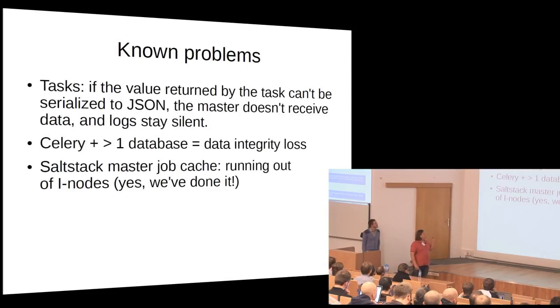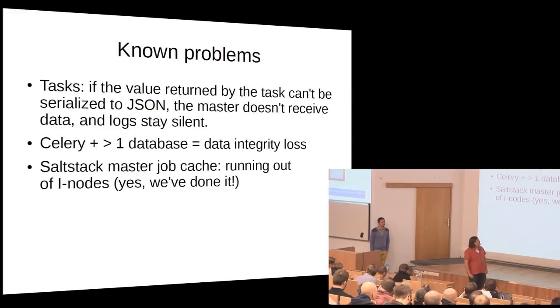And the third one is the coolest. We run Saltstack tasks so massively that we ran out of inodes on disk, because Saltmaster uses the job cache and saves data on disk. There are multiple files. Yeah.